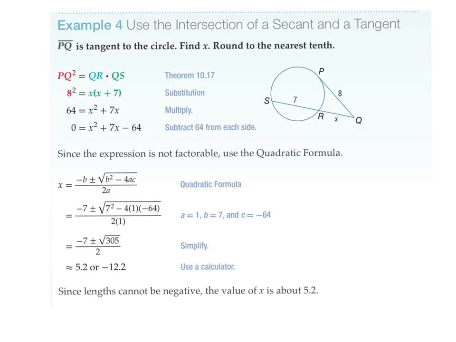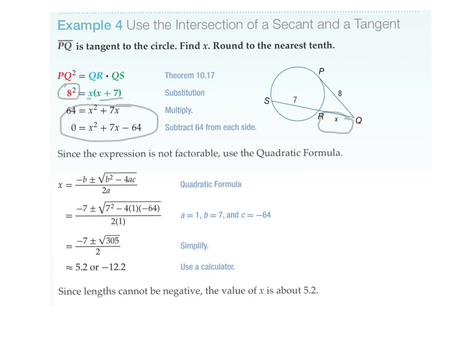And then you get example 4 where your variable is on the outside. So if you have a look, this time it's going to be x squared, which is your tangent, PQ. And this time it's x times the whole length. Well, what happens is you finish up with a quadratic. Okay.